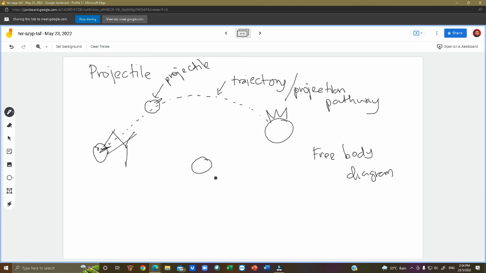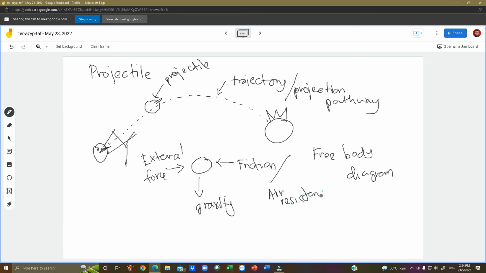One, it's subjected to external force. Two, it's subjected to gravity. And three, it is subjected to friction, ataupun kadang-kadang nama lain dia air resistance.